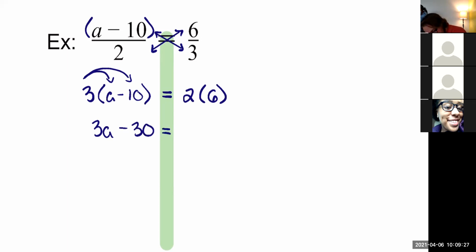On the right, if I distribute this 2, what's 2 times 6? 12. So we took care of parentheses. Are there any like terms? No. Is the variable on both sides? No. So all that's left is to get the variable by itself. What would you move? Add 30 to both sides.